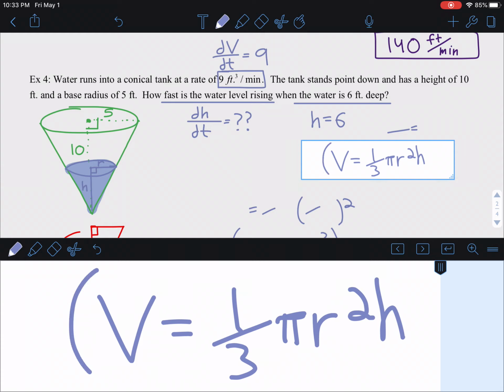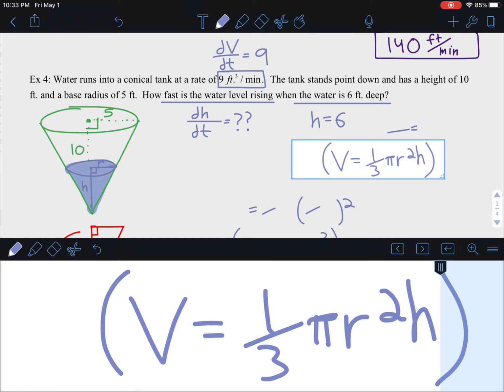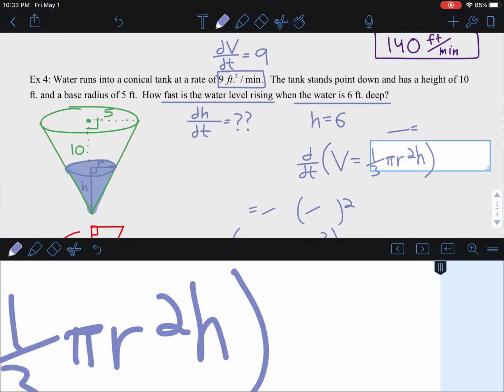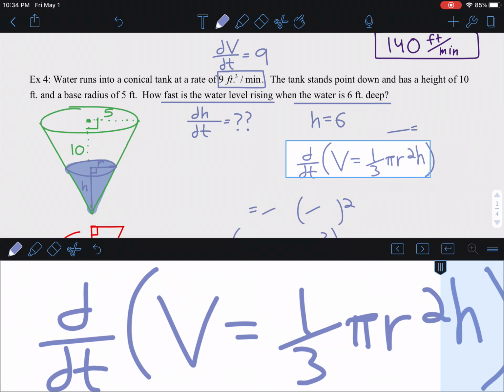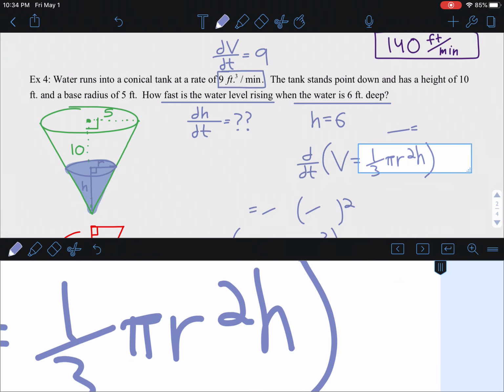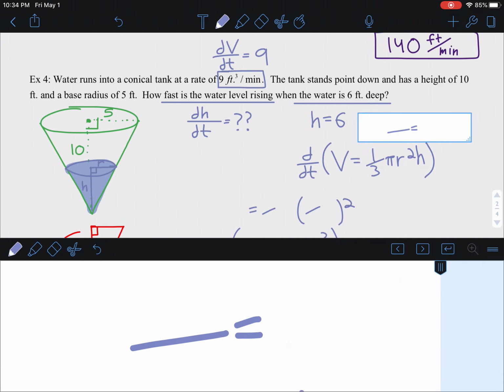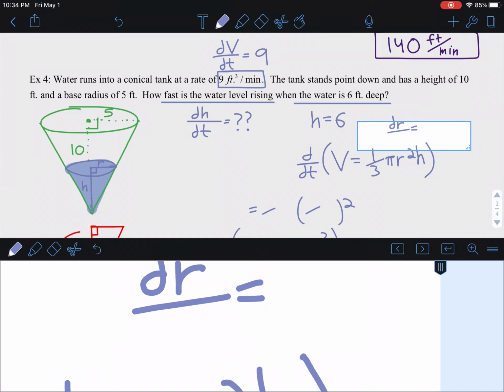Because if I were to go right ahead and take the derivative with respect to time, on the right-hand side, r squared h, I would have to do the product rule. And if I did the product rule and I were to take the derivative of this r squared term, that would leave me with a dr/dt term.